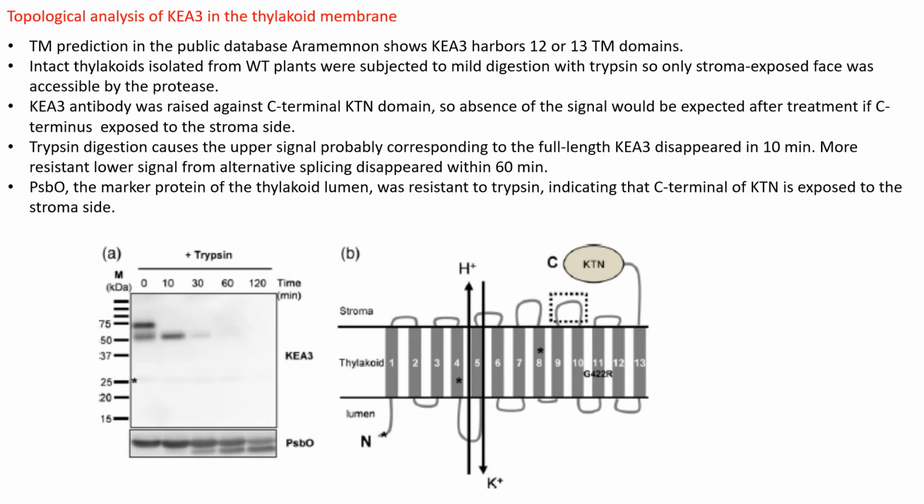So now we definitely know the topology of KEA3 in the thylakoid membrane is such that the KTN is on the stromal exposed side, and there is an influx of potassium into the lumen and an efflux of hydrogen ions to the stroma, as denoted in figure B.